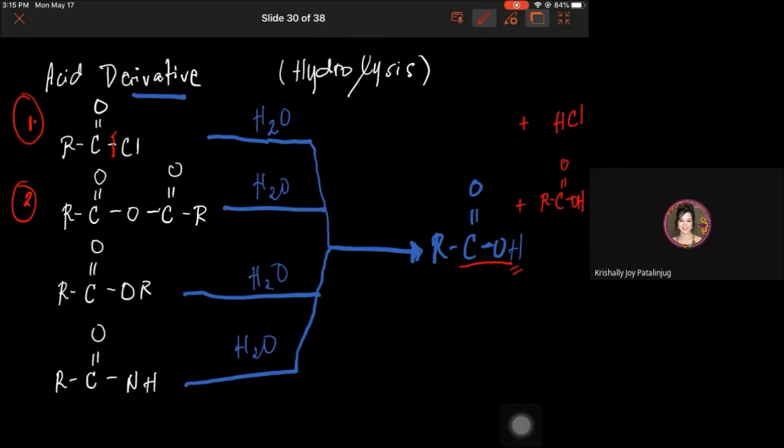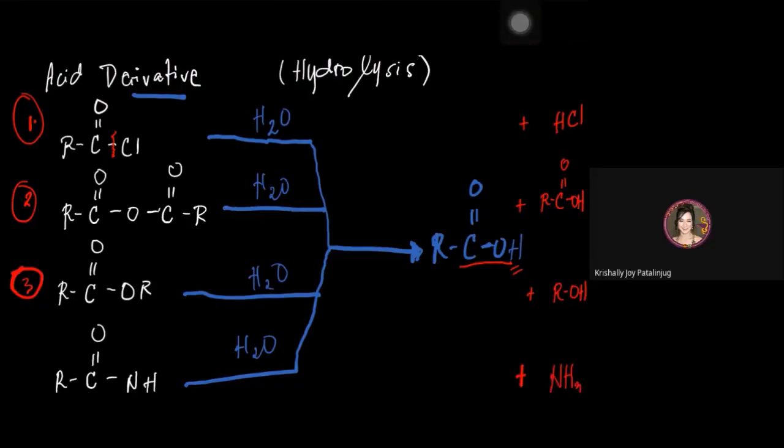Next, with esters being hydrolyzed, this will form its equivalent carboxylic acid plus the byproduct alcohol. And lastly, for amide, the byproduct here is in the form of a gas, which is ammonia. Arrow up, meaning a gas is formed.